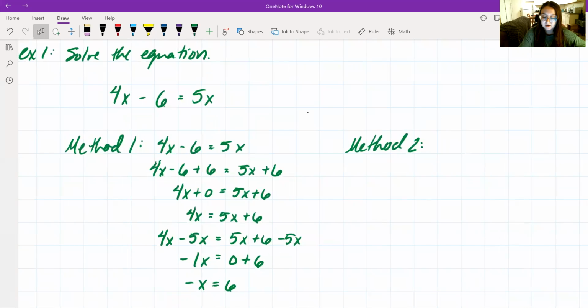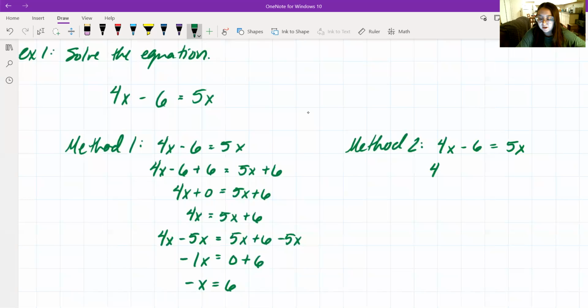So with our other method, starting with our original 4x minus 6 is equal to 5x, what we're going to do instead is let's go ahead and subtract 4x from both sides and see what happens then.